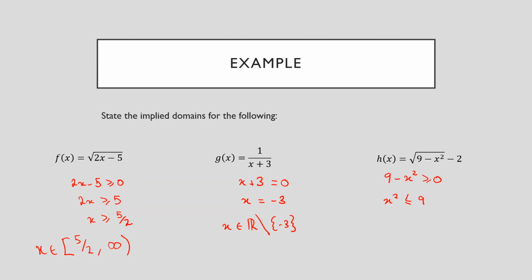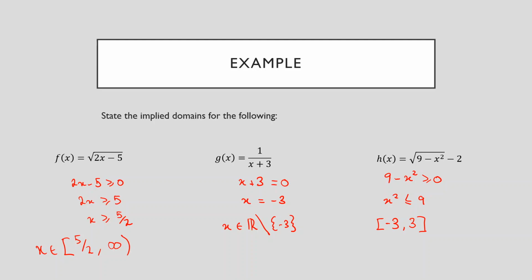Or if x is, say, negative 3.2, if you square that, you get a number that's larger than 9, which is not allowed based on the inequality that we've set up here. So the allowable x values for this particular function are in between negative 3 and 3, inclusive.